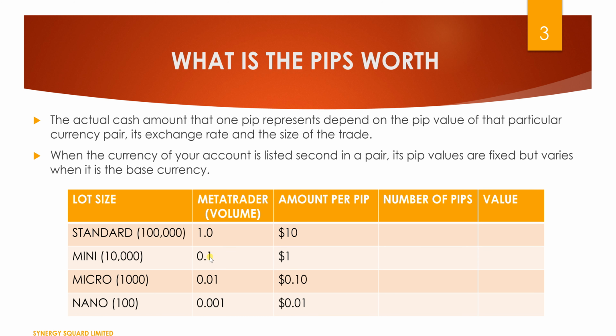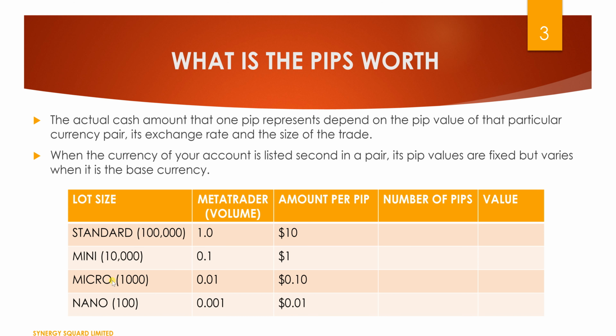That simply means the lot size is that of a mini, controlling 10,000 units of currency, and the amount per pip is $1. Also in tens, if you divide this 1.0, which is a standard, by 10, it gives you 0.1. If you divide this $10 per pip by 10, it gives you $1. So each pip value for this mini lot is $1.